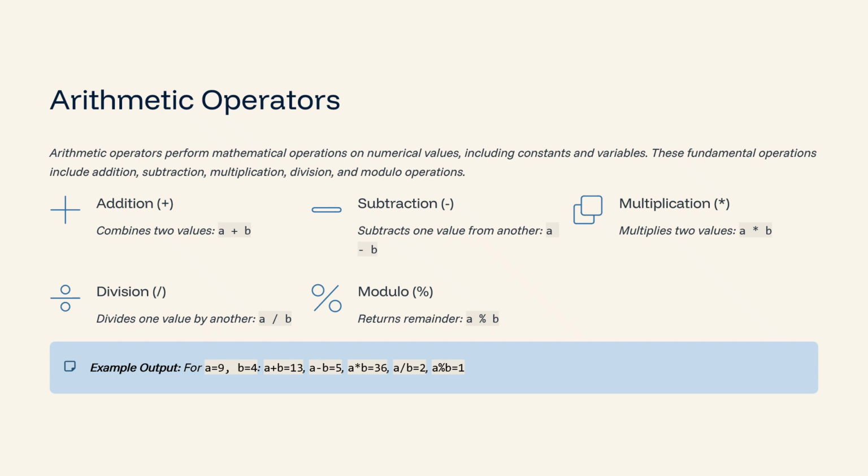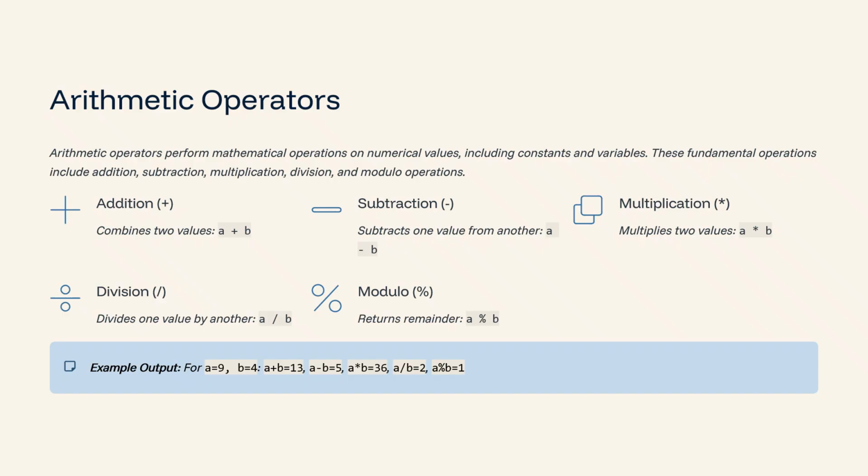Arithmetic operators are used to perform mathematical operations on numerical values, which include constants and variables. These operations include addition, subtraction, multiplication, division, and modulo division.